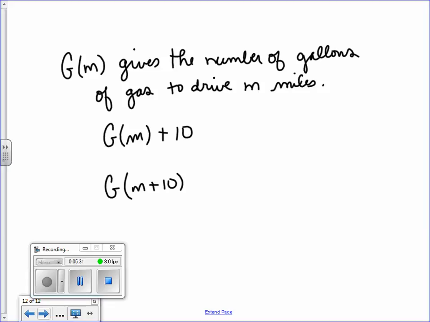But what's that have to do with gallons of gas and miles driven? In the top one, you start when you already have 10 gallons inside. All right, and the top one you're adding that 10 to the output, right? So on the top one, you started with 10 gallons more than you need, right? So what about the bottom one?